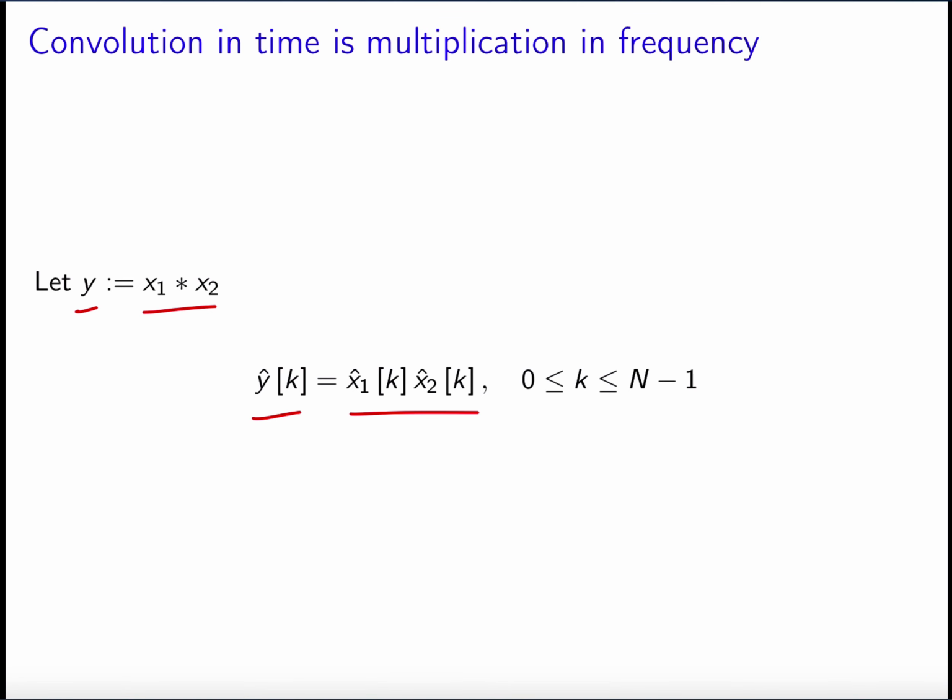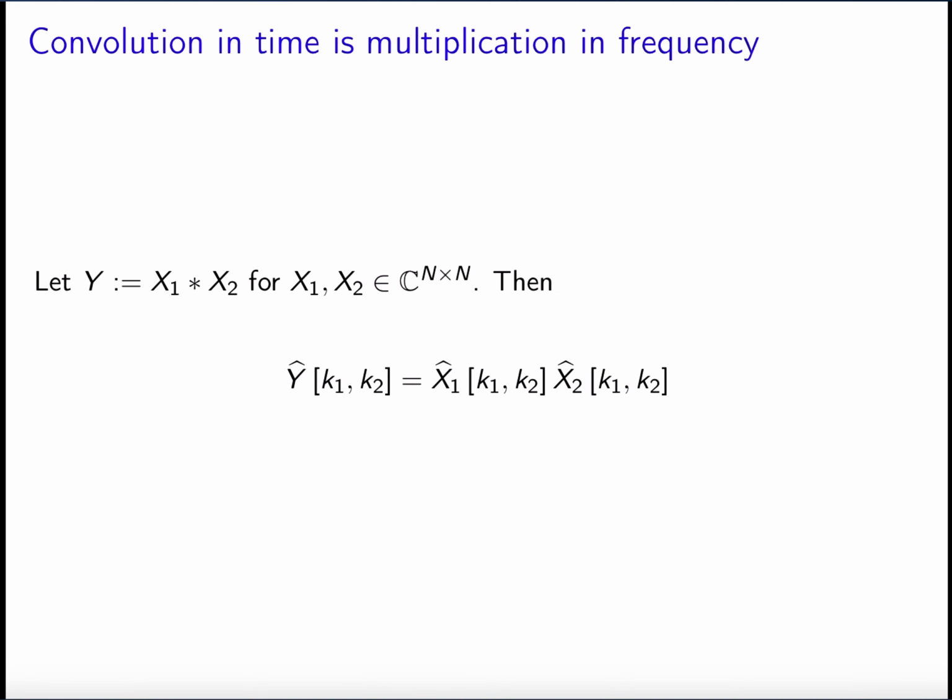I'm going to give you an example in a moment. The exact same result applies for images, when we're dealing with 2D signals in general. If you have a convolution between two 2D signals, in frequency what's happening is that the 2D DFT coefficients are being multiplied.